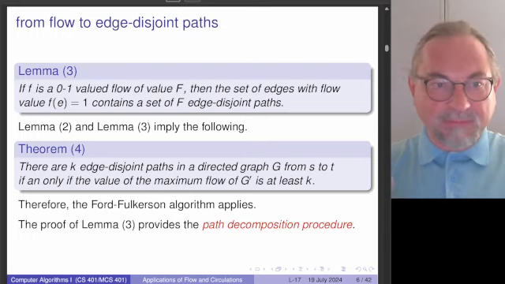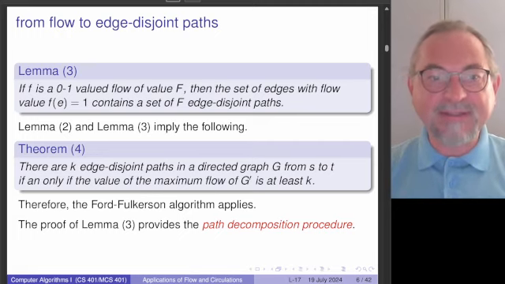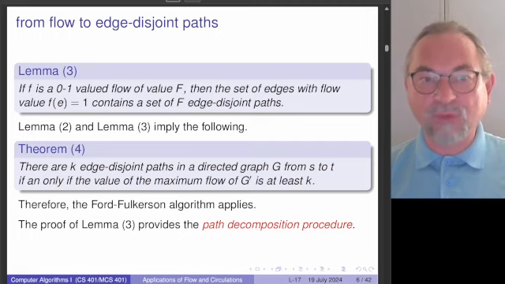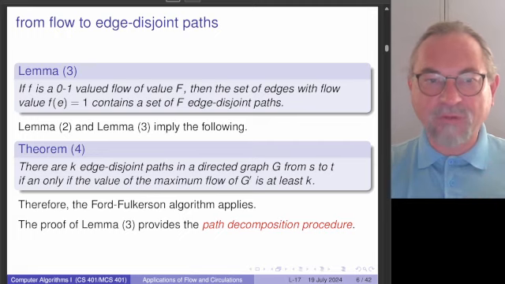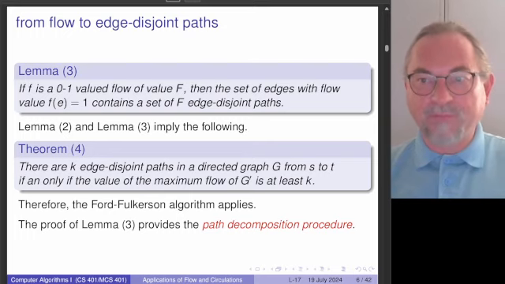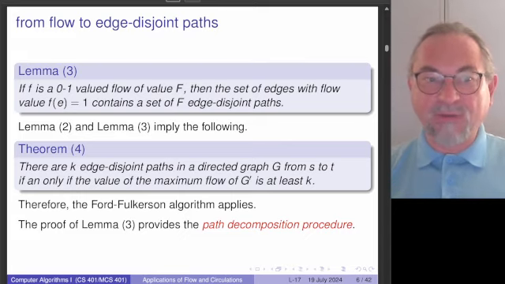What this second lemma implies is that there is a one-to-one correspondence between the two problems. The maximum flow problem in our network flow, which we already know how to solve by the Ford-Fulkerson algorithm, is equivalent to solving the edge disjoint paths problem in both directions. So this is an if and only if.